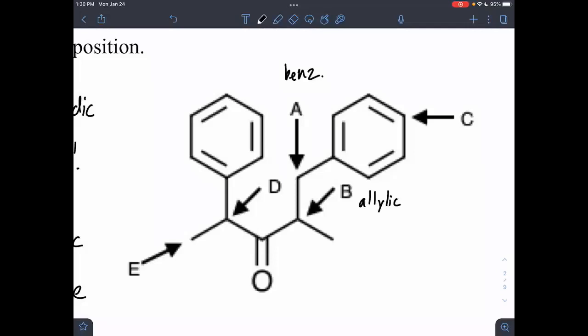What about C? C is vinylic because it's right on top of that double bond. And what do we think about D? It's allylic and, yep.